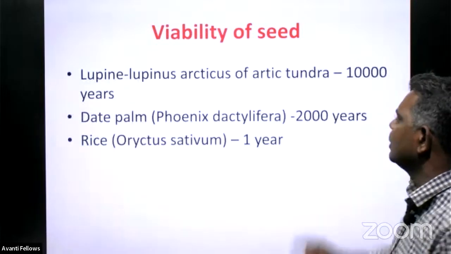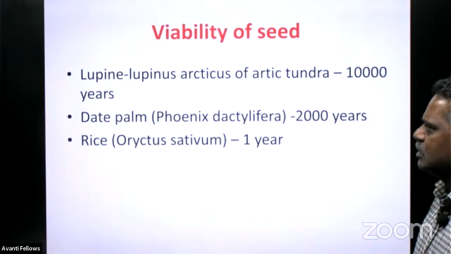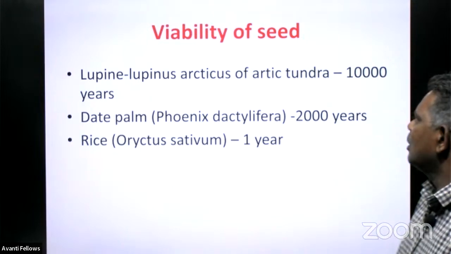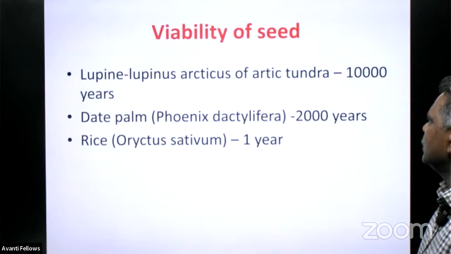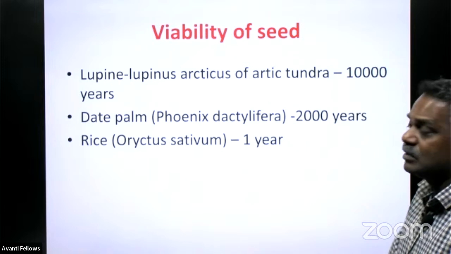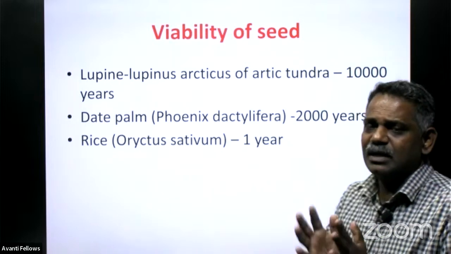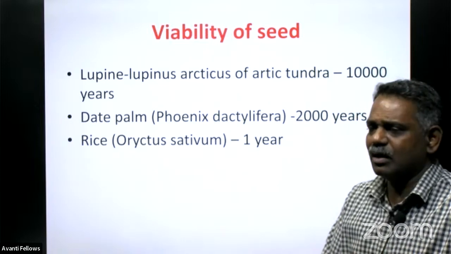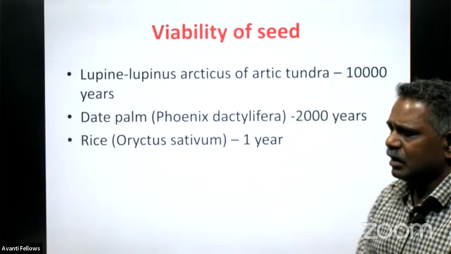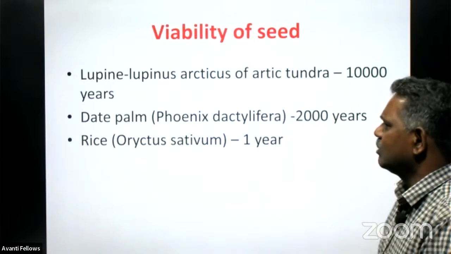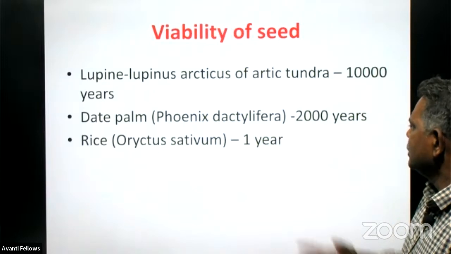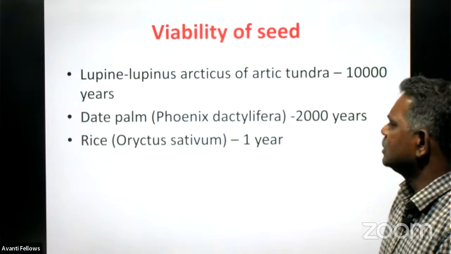It varies from plant to plant. For example, in Lupinus arcticus of the Arctic tundra region, the viability is 10,000 years. A 10,000-year-old seed can be viable. It sprouts and produces a new plant. Whereas in date palm, the viability is 2,000 years.